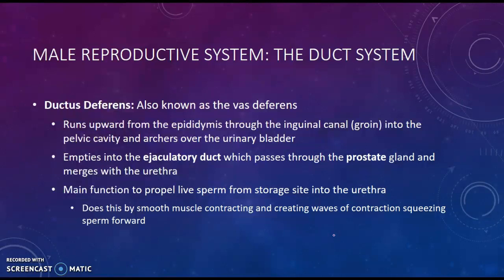Then it enters what we call an ejaculatory duct, which goes through the prostate gland and eventually merges with the urethra. The main function of the vas deferens is to propel live sperm from the storage site, the epididymis, into the urethra, and it's smooth muscle contractions that push them forward.